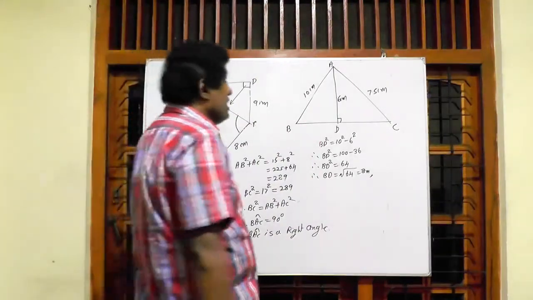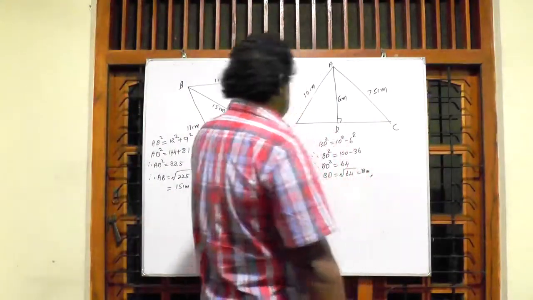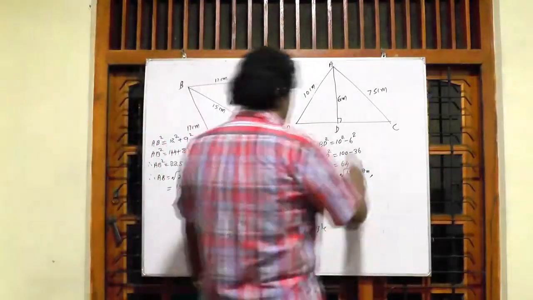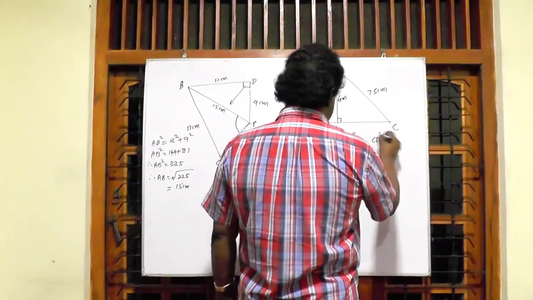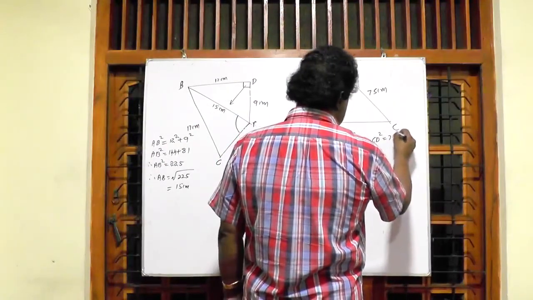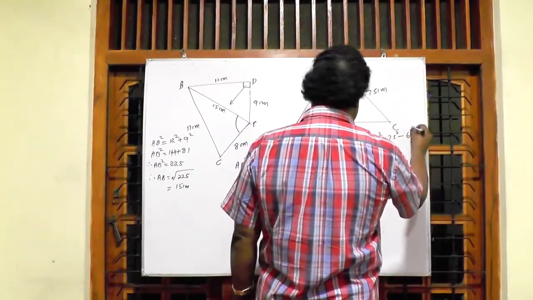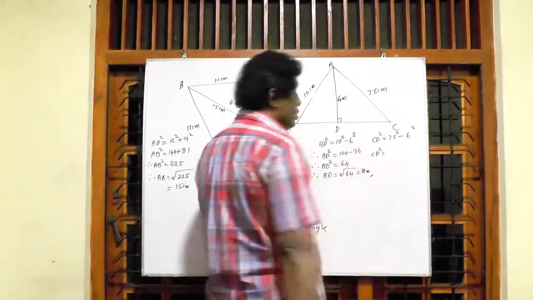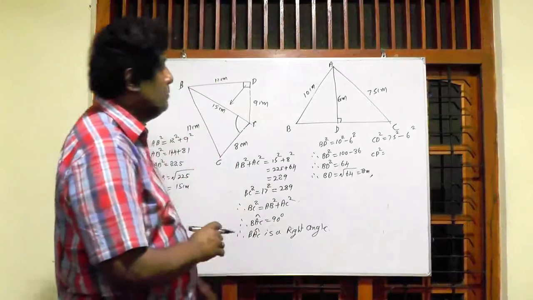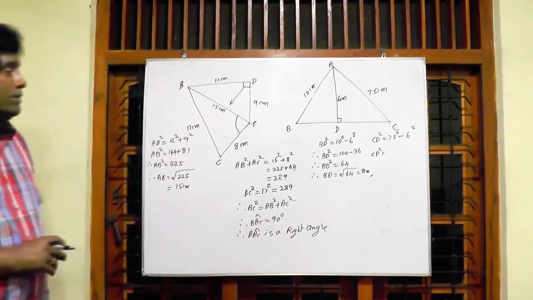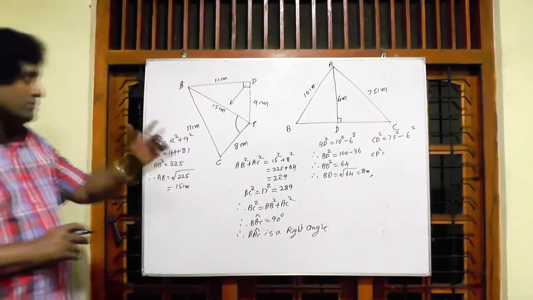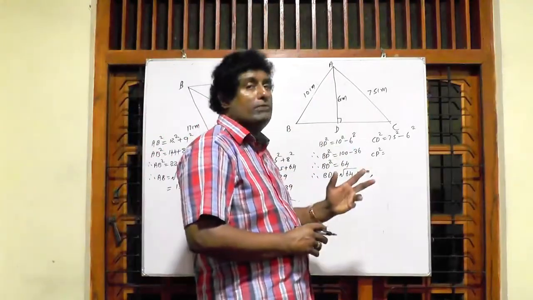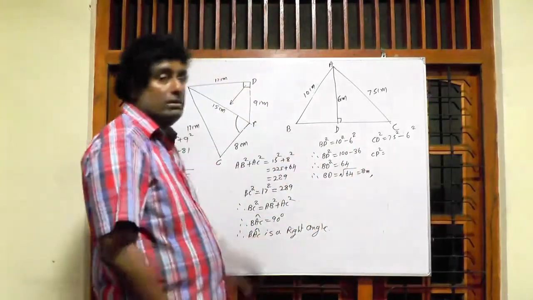On the other hand, we can find the length of CD by using the Pythagoras relation to the triangle ACD. Then CD squared equals 7.5 squared minus 6 squared. Do you know the value of 7.5 squared? To get the value of 7.5 squared, 7.5 has to be multiplied by 7.5 again.